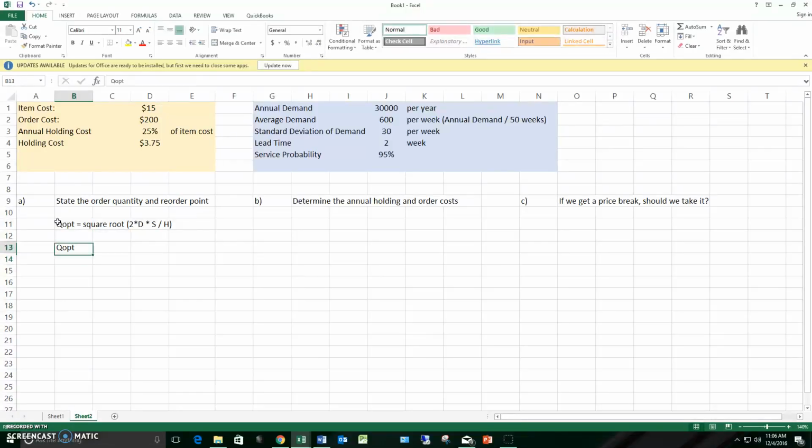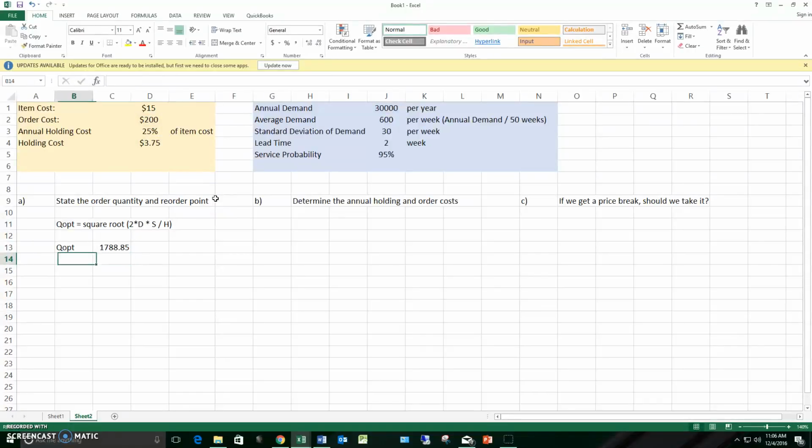So let's use Excel to calculate that. Using the square root function, we're going to take 2 times our annual demand, 30,000 units, times our cost per order of $200, divided by our holding cost of $3.75 per unit.